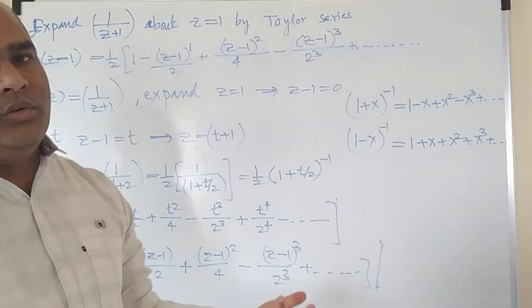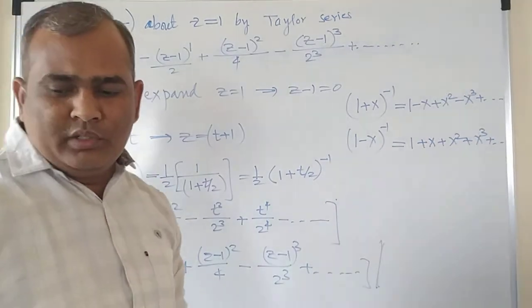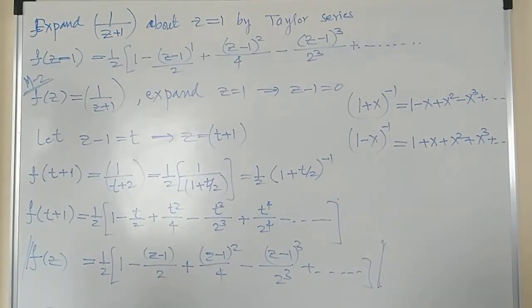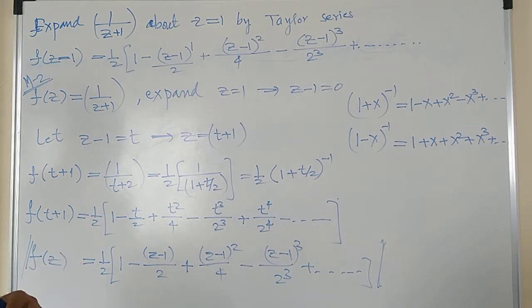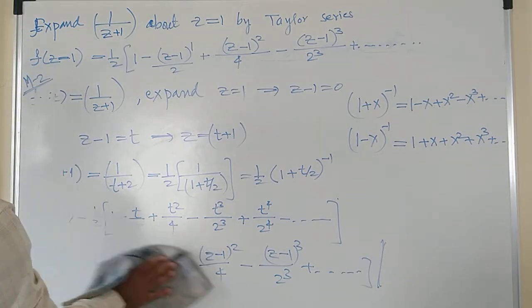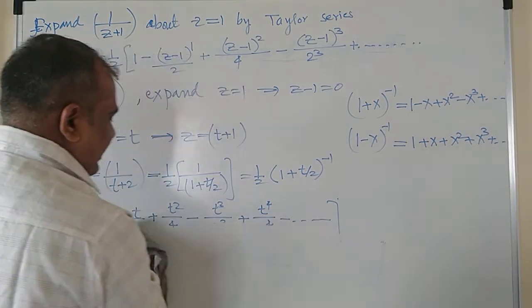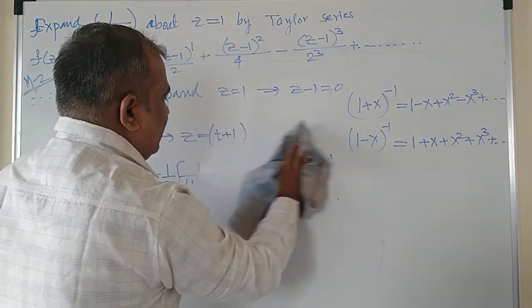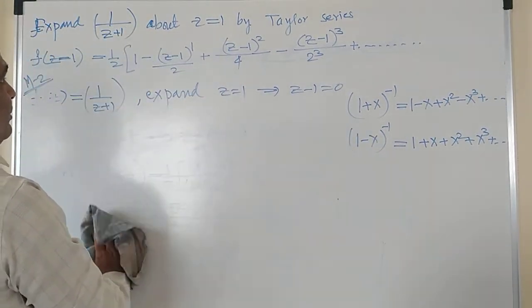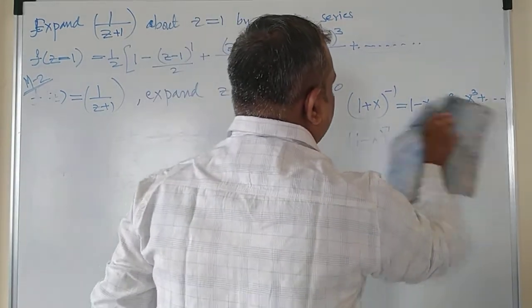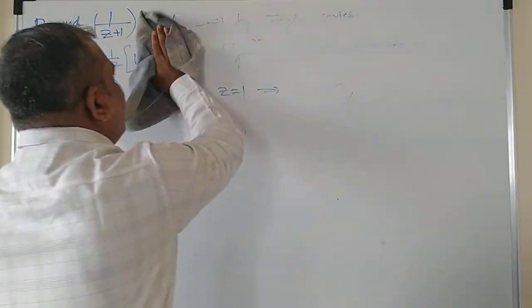Both are simple, you can use any one, whichever is suitable for you. Let's go for the next example. One more example wherein you need to do some partial fractions. This is a simple kind of example, so let's do one more.